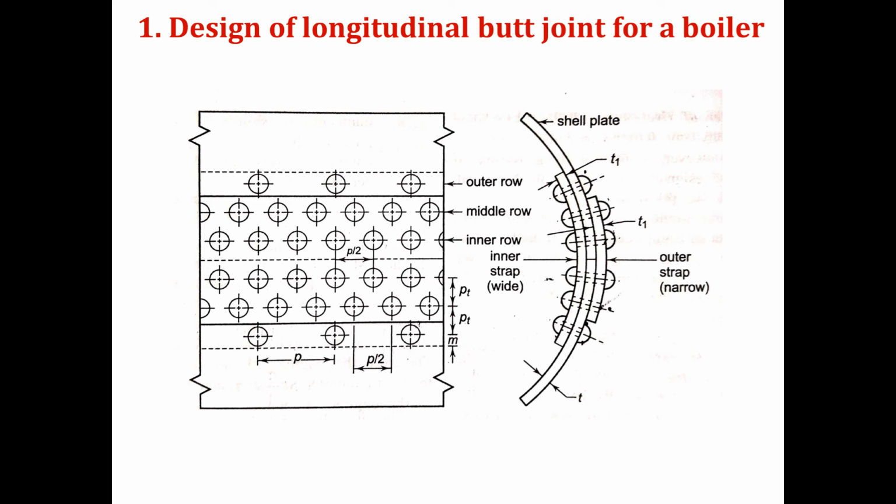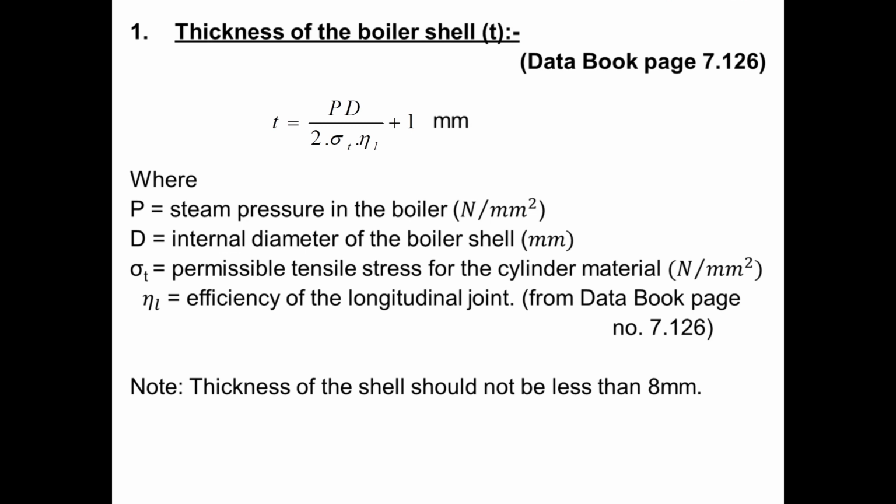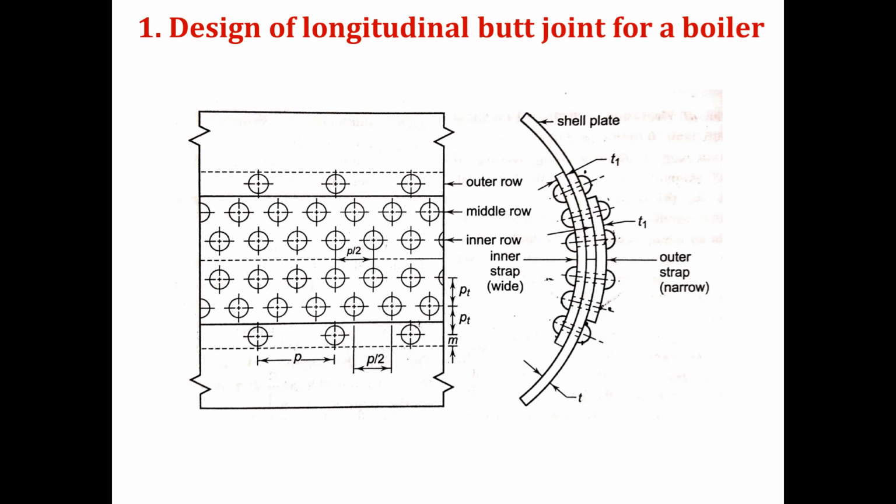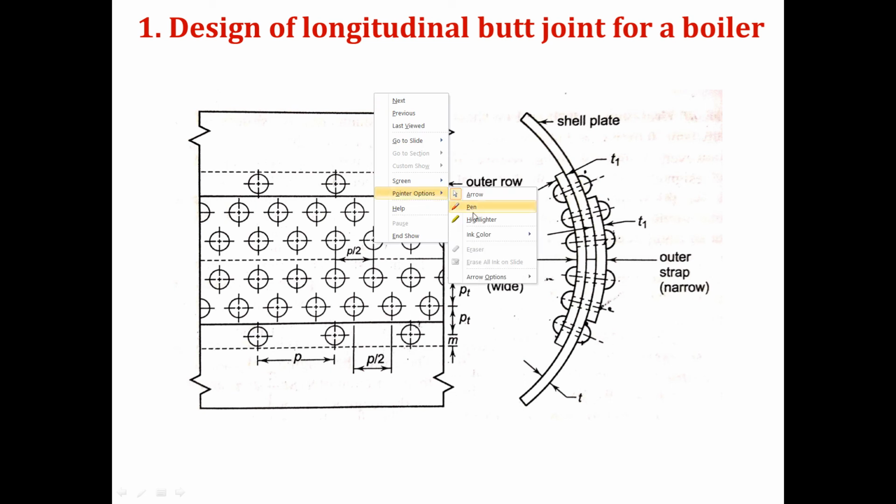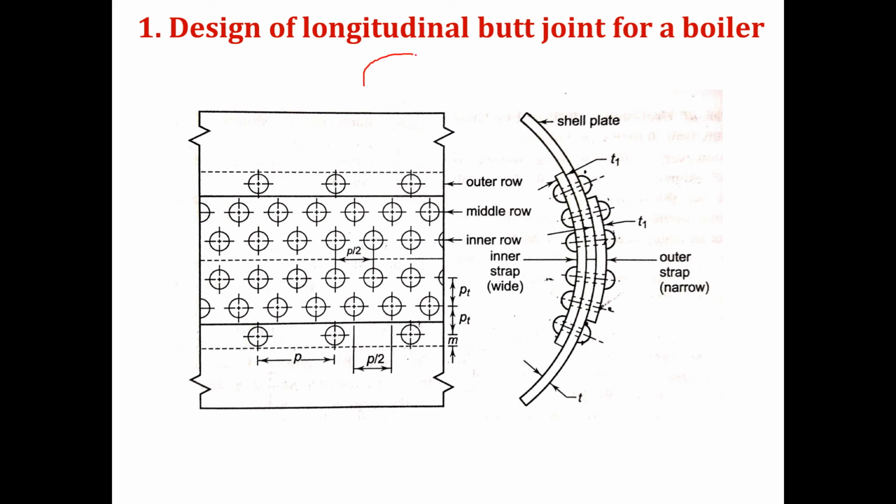Okay. Very first step is you need to find out the thickness of the boiler shell. Thickness of the boiler shell, that is t. That means this is your boiler.